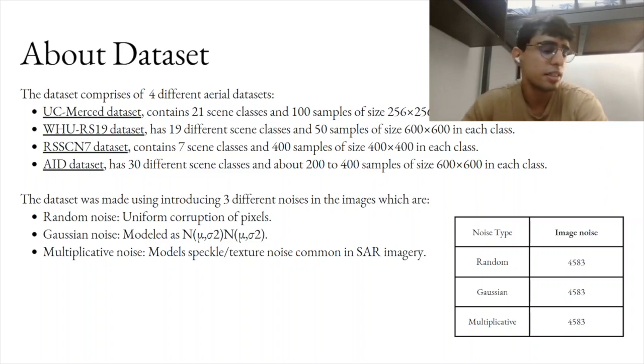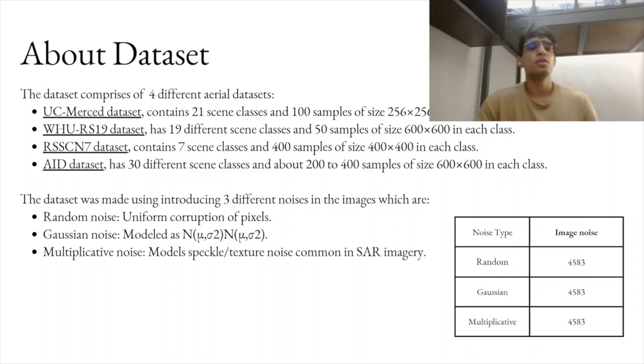The RSSCN7 dataset contained 7 scene classes and 400 samples of size 400 by 400 in each class. And finally, the AID dataset has 30 different scene classes and about 200 to 400 samples of size 600 by 600 in each class.